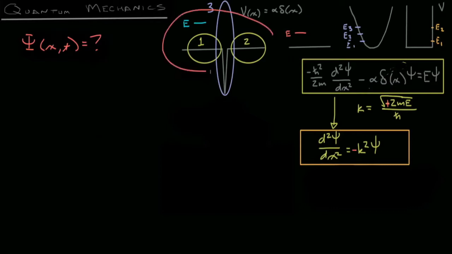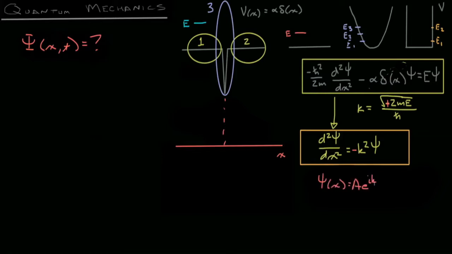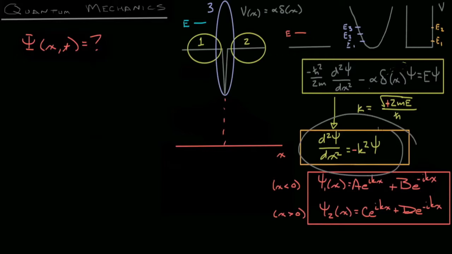Look at our energy in teal and our potential profile in gray, and you can see once again we have some sort of free particle with regions 1, 2, and 3 corresponding to varying energy differences. In a like manner, the general form of the solution for this equation looks something like this.